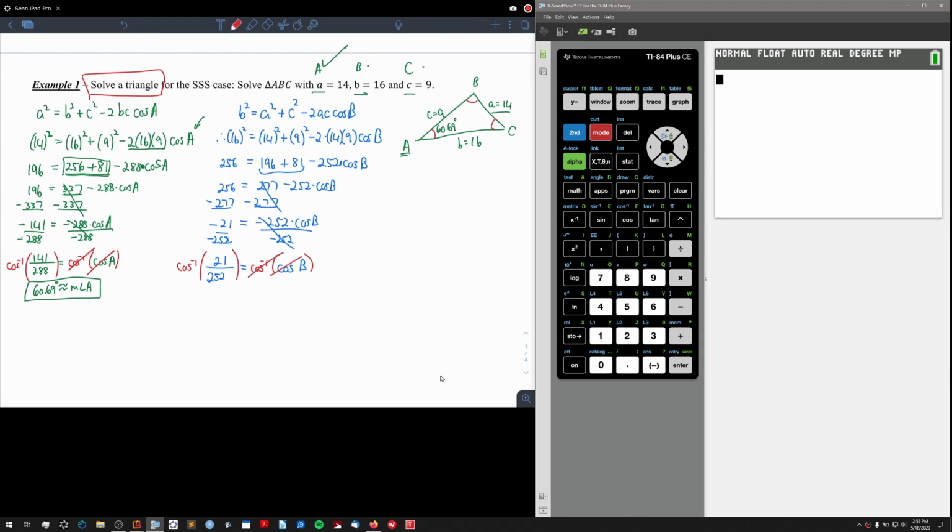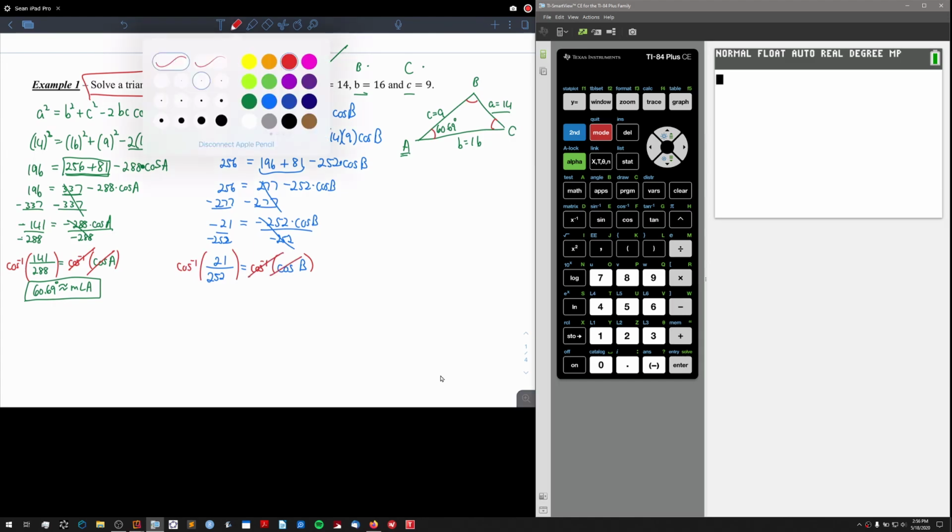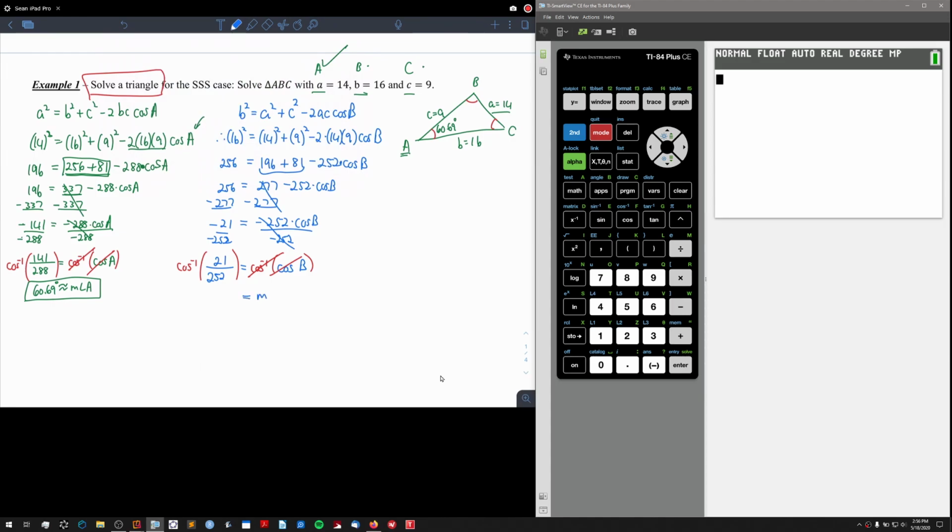These two cancel. So what you have left is measure of angle B is, and do that calculation on a calculator. What you get is about 85.22 degrees. Okay, so I have 85.22 degrees here, and box your answer so that someone knows where your answers are. Okay, that someone being me.